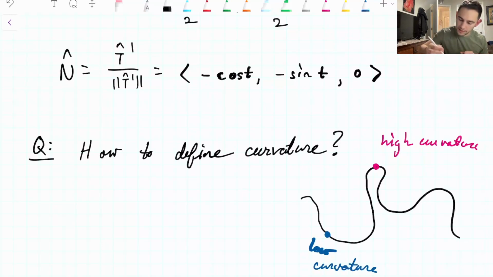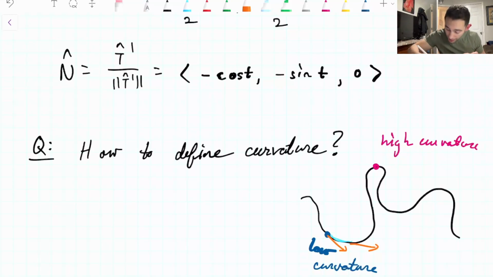So one answer would be to ask, how quickly does the tangent direction change? So for instance, here at the point of low curvature, I can see that T hat does not change very much over some small sort of segment of arc.